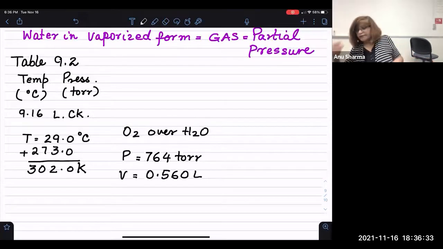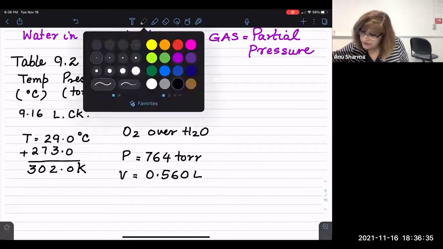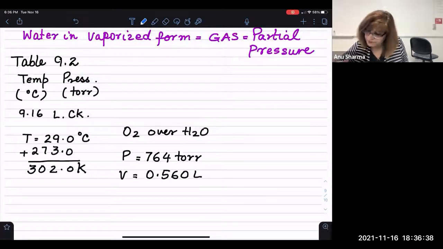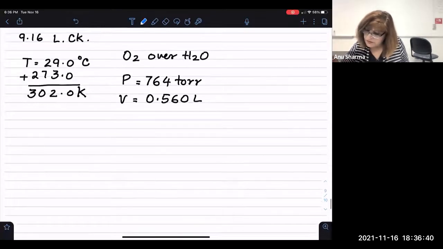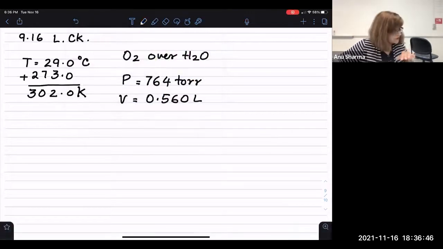This volume, okay. So what volume? So we need to find, okay, 1 second. What volume will the dry oxygen have under the same conditions of temperature and pressure?